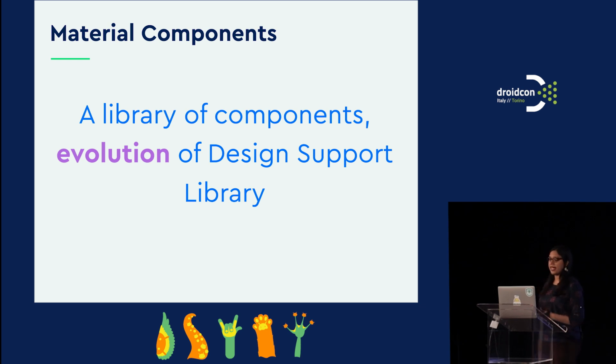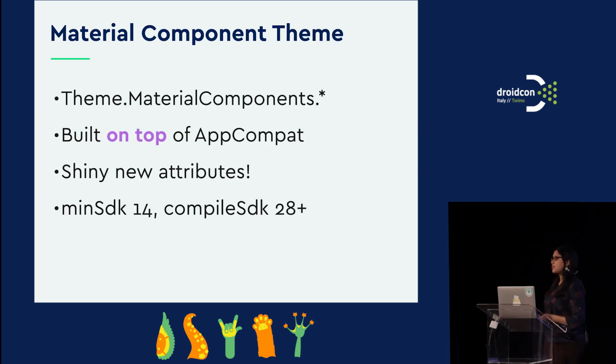If you migrate to AndroidX, this should have taken care of it. And this library also contains new widgets, like the bottom app bar, and new attributes. So it's quite exciting.